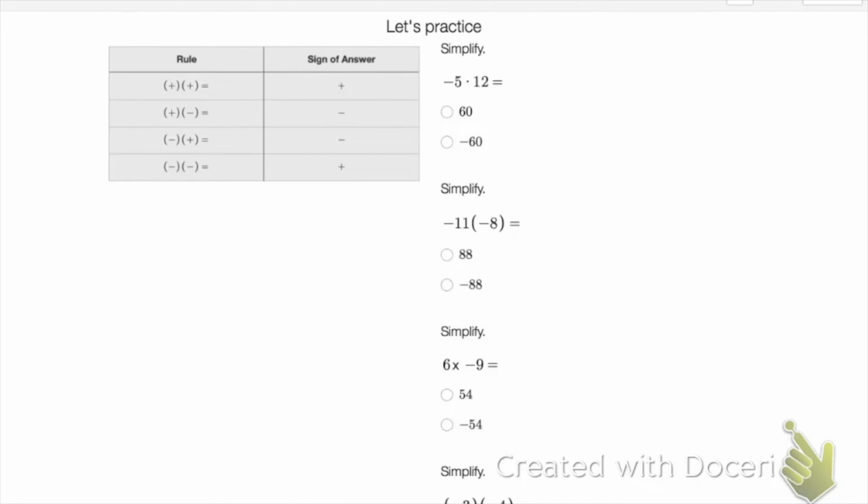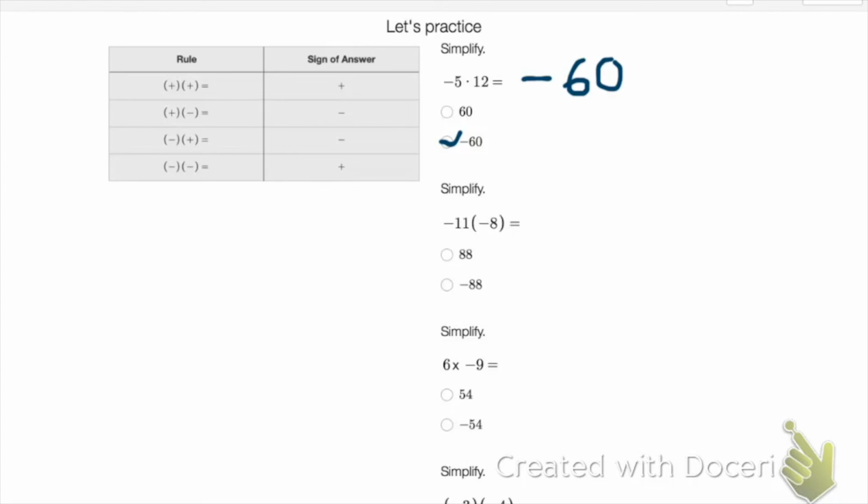Now let's simplify it. Negative 5 multiplied by 12. Negative times positive, the answer will be negative. So 5 times 12 is 60, so negative 60 is the answer.